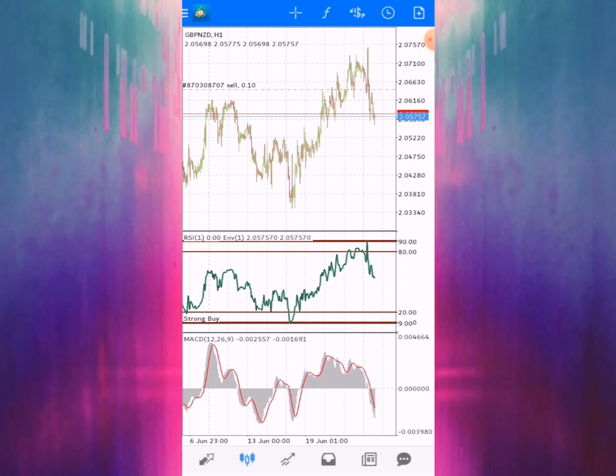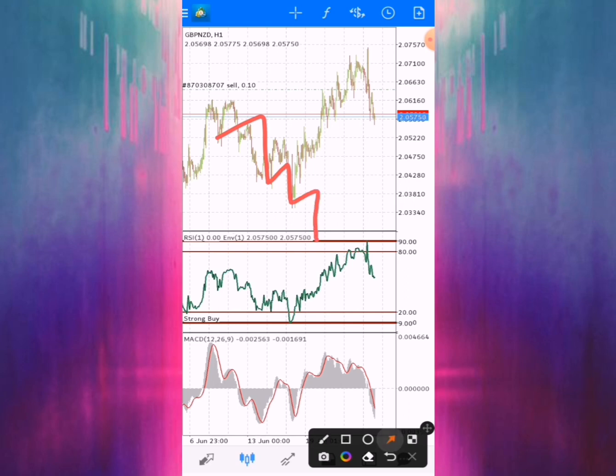Okay, and then second thing, remember what I said on the first video. You want to make sure that you enter price right at such pullbacks. And we said that to identify those pullbacks, you use the MACD.